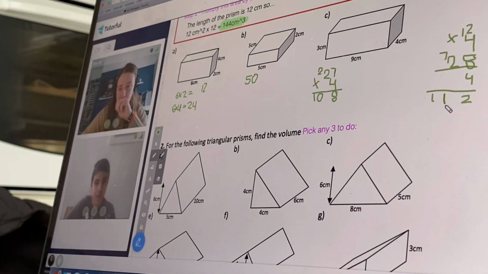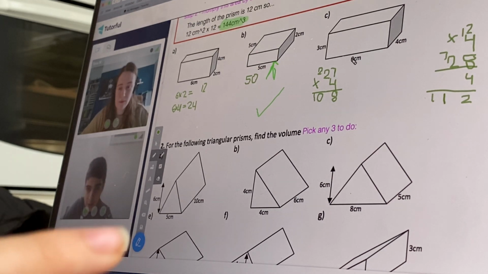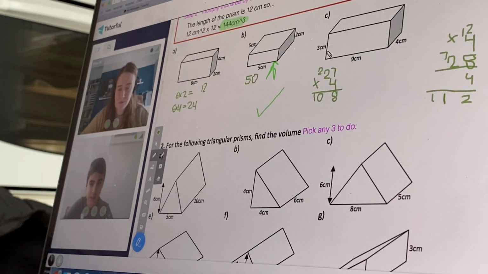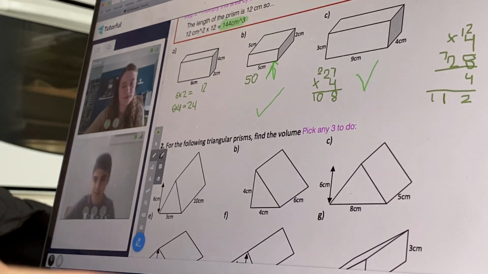Brilliant. And then this one, I did 5 multiplied by 2 is 10, and then 10 multiplied by 5 is 50. Yeah, brilliant, really good. And then for this one, I did 9 times 3 is 27, and then multiply it by 4, and it's 108. Brilliant.